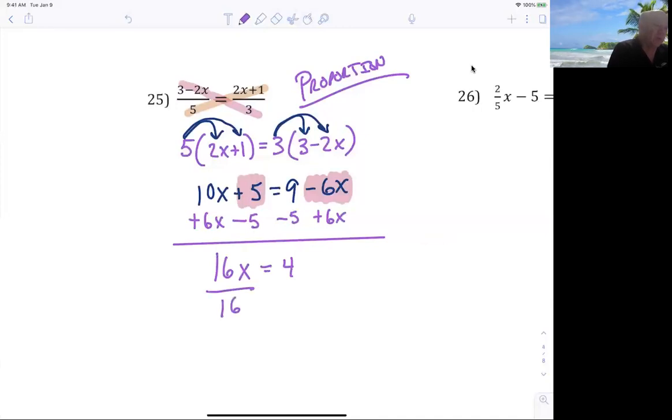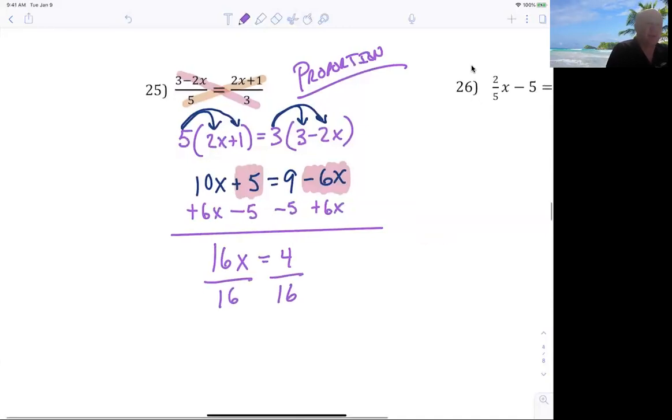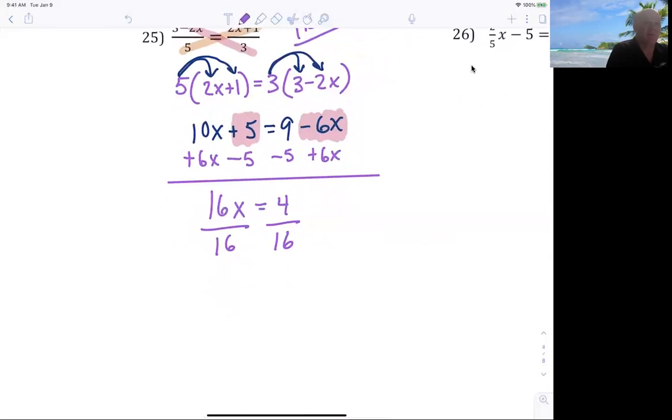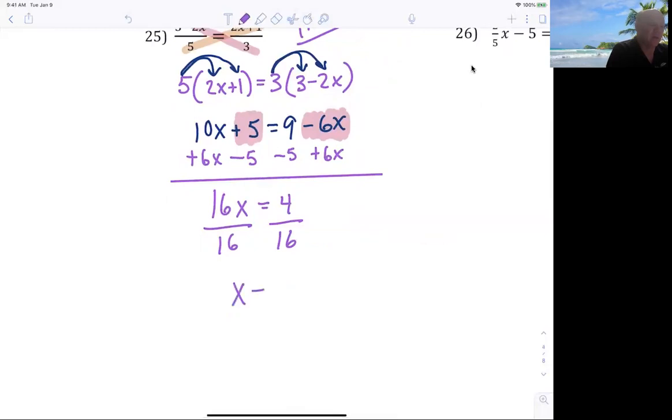Divide both sides by 16. Now again, the mistake that's made here is for kids to just say it's 4. But look at that carefully, that's a fraction. 4 over 16 reduces to 1/4, not 4. Make sure you look that over, please. Take a good look at that. Make sure you didn't put 4 down.